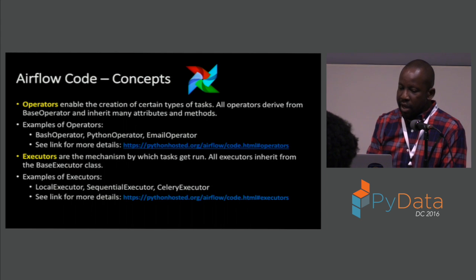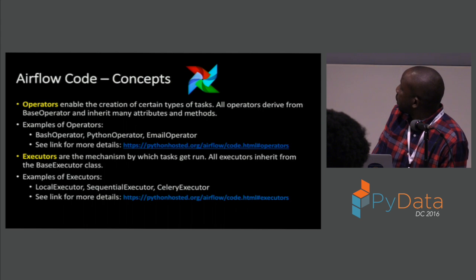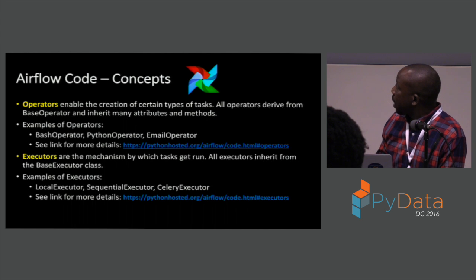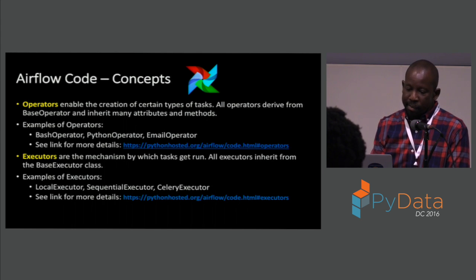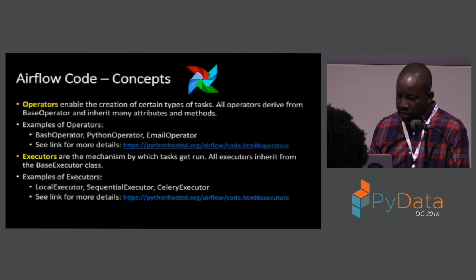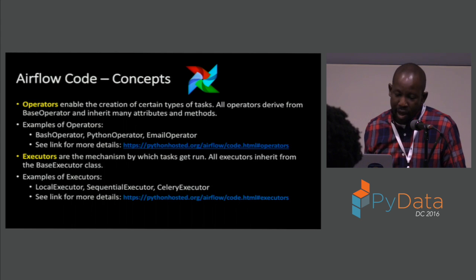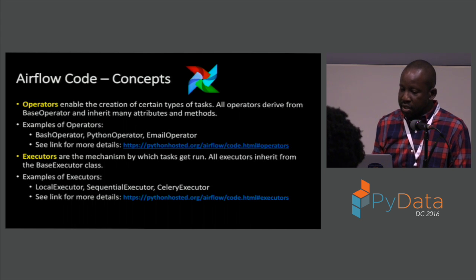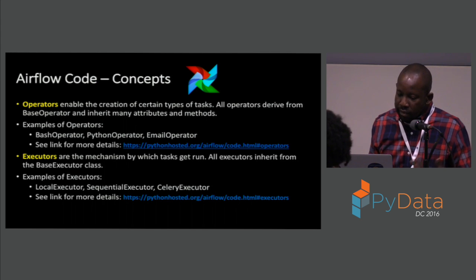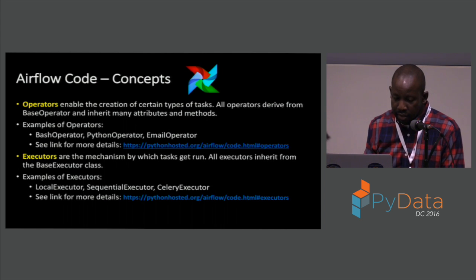So, concepts around Airflow. We have operators, which allow you to create certain types of tasks. There's a base class called BaseOperator, and you can inherit many attributes. Examples of operators: a Bash operator, if you want to run bash scripts; a Python operator for writing Python code, which I guess most people would be interested in; and the email operator. These are comprehensively detailed in the documentation.